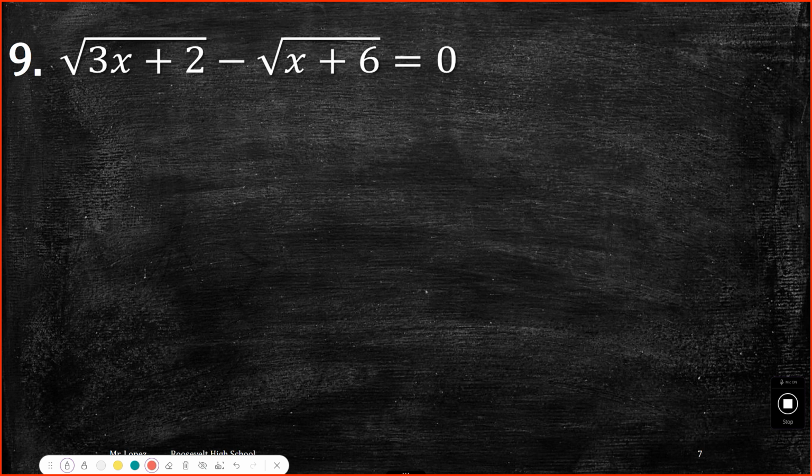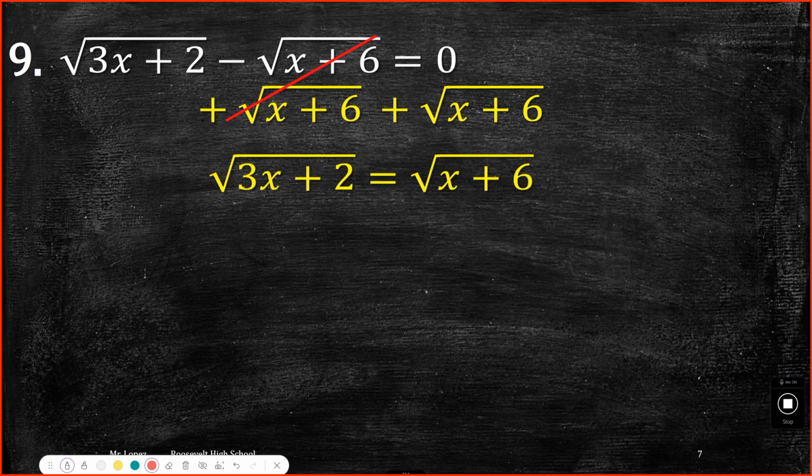Hold it and square it? Maybe, but no. Something else. Subtract one or add? Add that thing right there. Yes, add it to the other side, so you can have a square root equal a square root. And after you have a square root equal a square root, we can hold it and square it now.